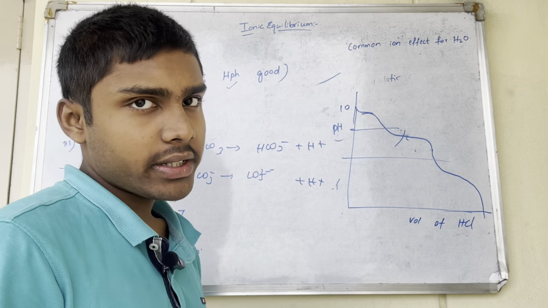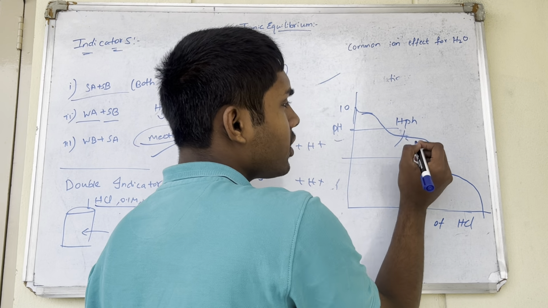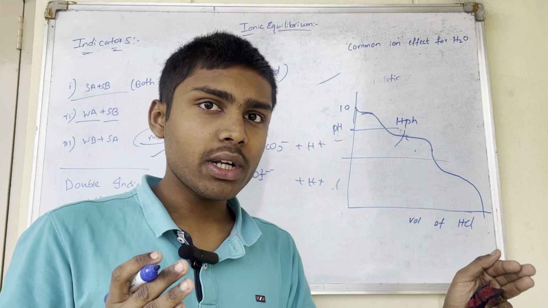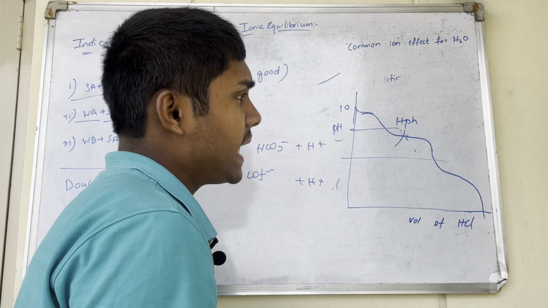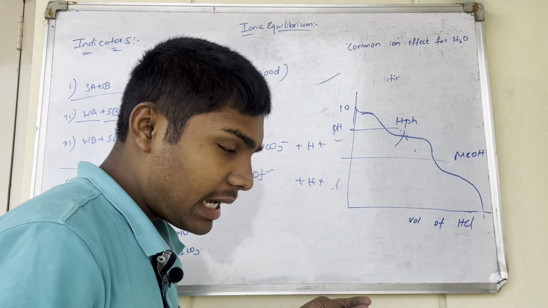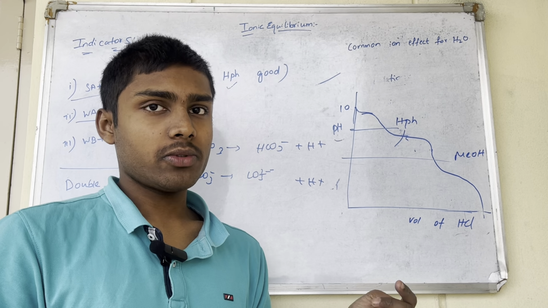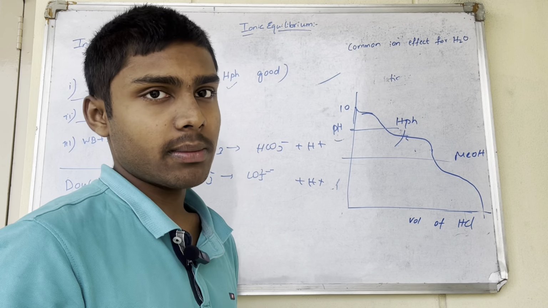So by observation, for the first equivalence point, phenolphthalein is used because its pH range is from 8.1 to 10.4. And for the second equivalence point, clearly methyl orange is useful because methyl orange is from 3.1 to 4.4. So remember those values I have given in the table before. These are the things you have to remember, right?